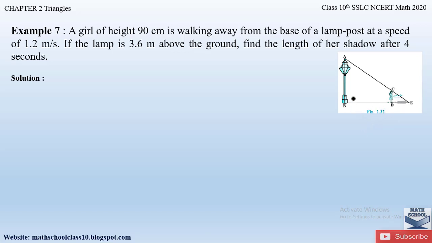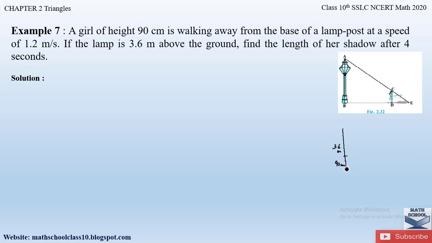So let us draw another figure here. Let this be a lamp post which is 3.6 meters above the ground. And we have a girl also standing next to the lamp post, and her height is 90 centimeters.